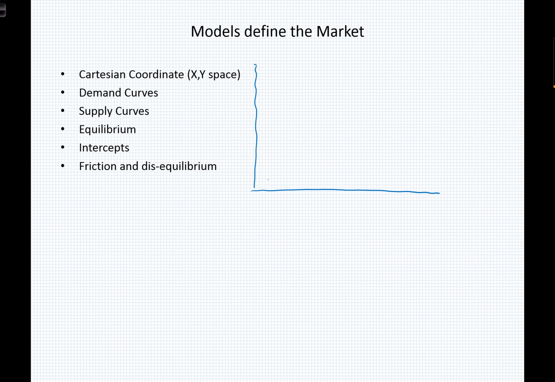We're going to suppose that this Cartesian coordinate in x and y space actually extends on like this, such that we have some positive space, some negative space, some negative positive space, and then possibly some positive negative space. So all of these are active, but we focus primarily in economics on the positive space, but not exclusively, and that'll make a little bit more sense to us here in a moment.